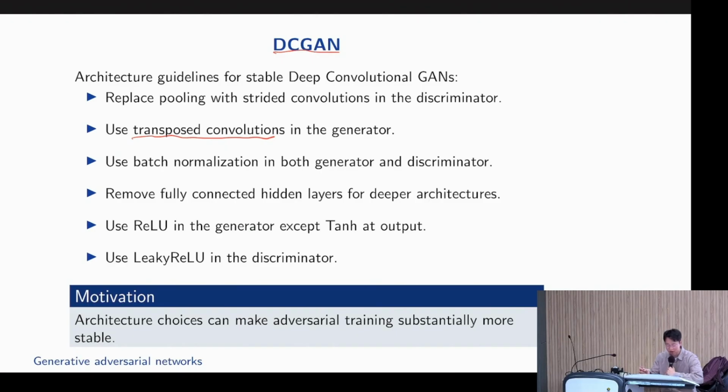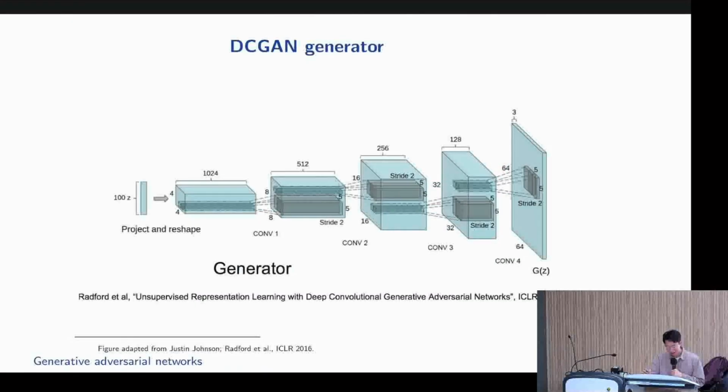They use batch norm and remove fully connected layers, and use ReLU in the generator except tanh at the output, and use leaky ReLU in the discriminator. And this is the architecture. You take as input a 100-dimensional random vector, and you increase the spatial resolutions from 4, 8, 16, 32, 64.